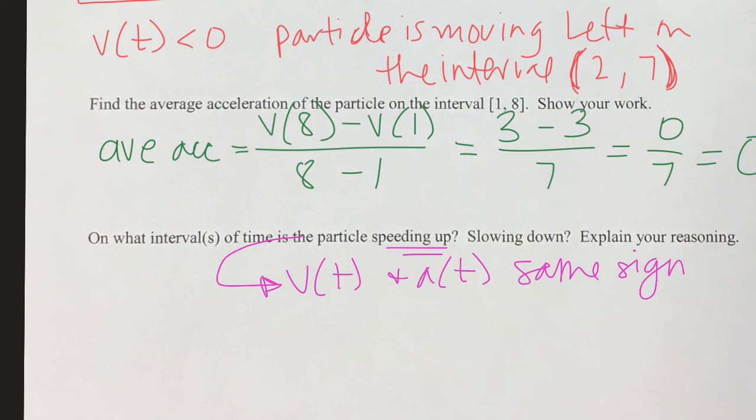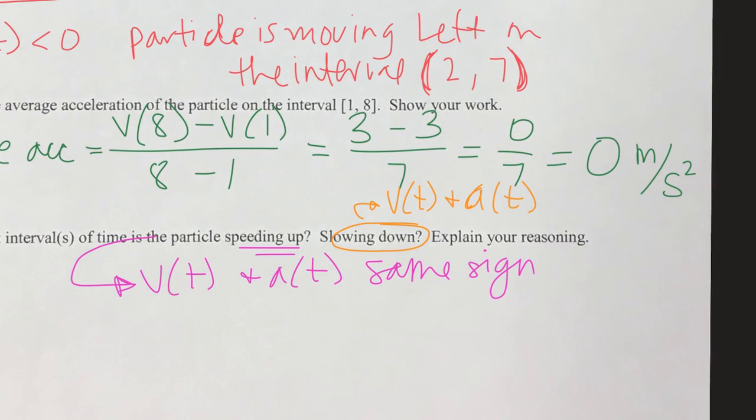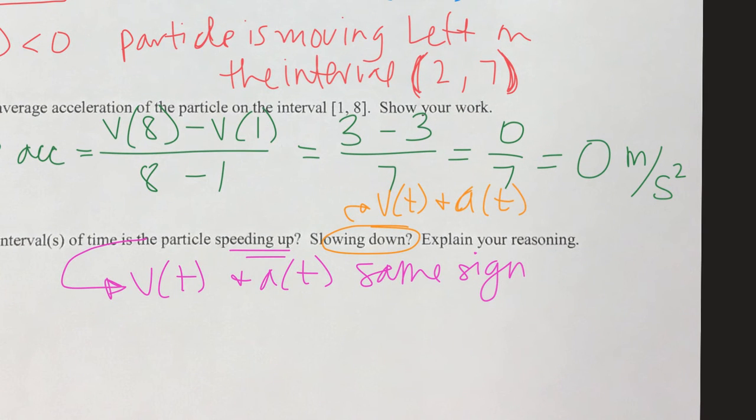Likewise, your particle is decelerating, slowing down, when your signs are different. So when your acceleration and your velocity have different signs, you are slowing down.